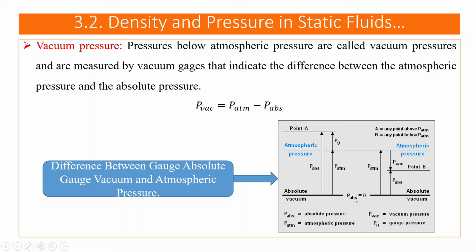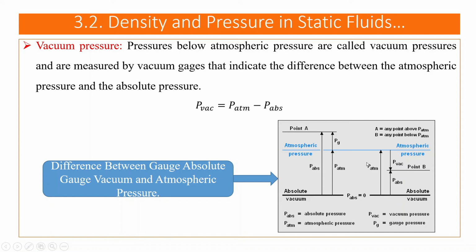At this point, the absolute pressure is taken to be 0. When you go upward, there is an increase in pressure. Up to the atmospheric point, we have a change in pressure. Below the atmospheric point, we have two pressures: one is the pressure of vacuum, the other is the absolute pressure.